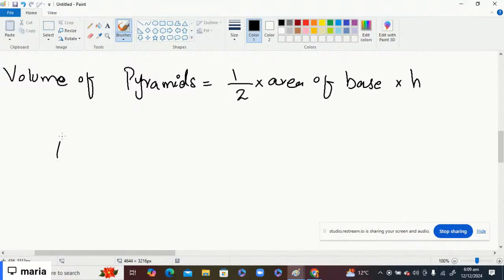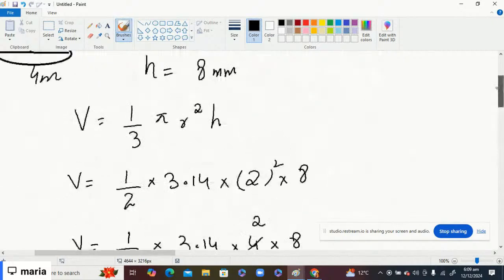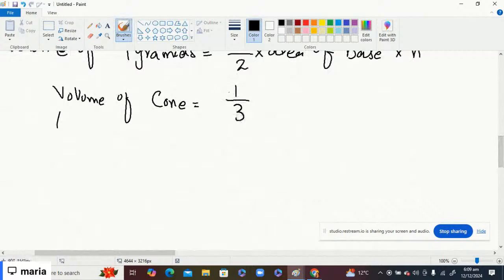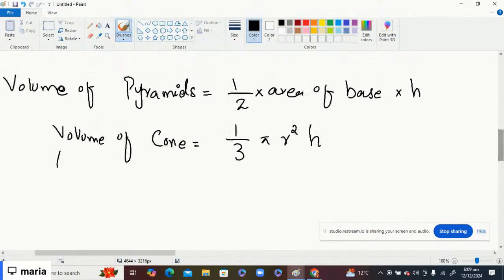This is the volume of the pyramids, and volume of cone is 1 by 3 pi r square h. These are the two formulas that you are going to mostly use in all of these questions.